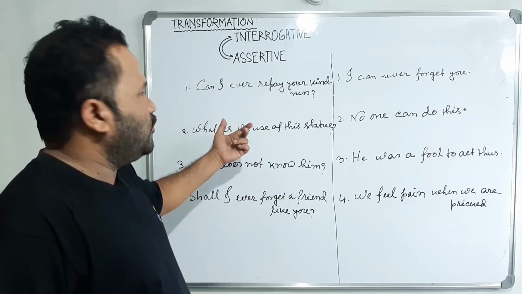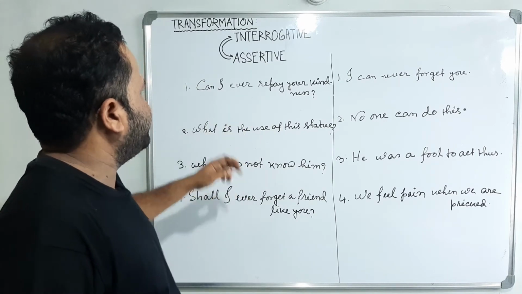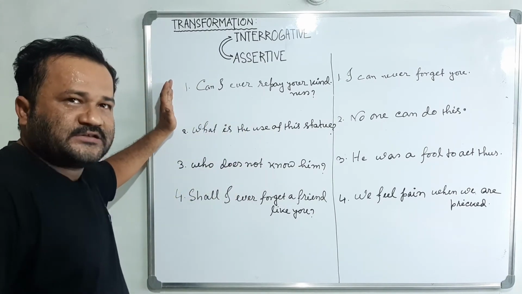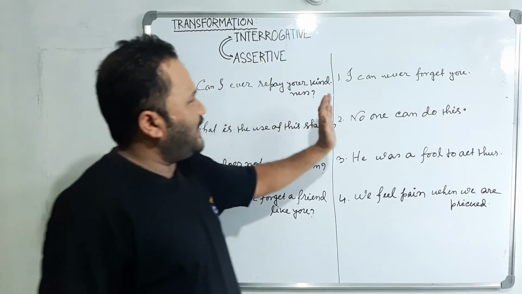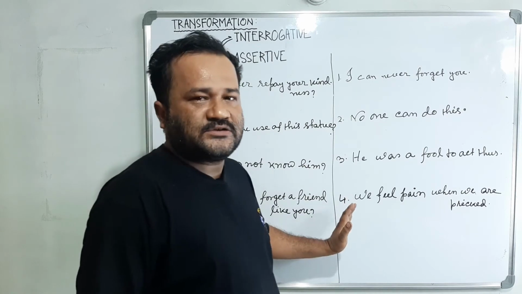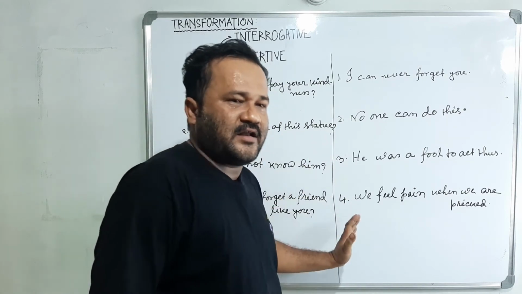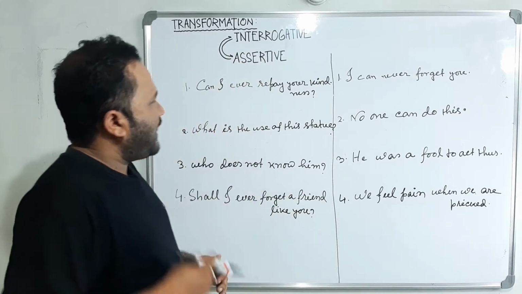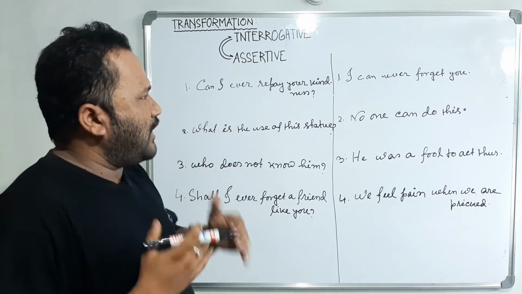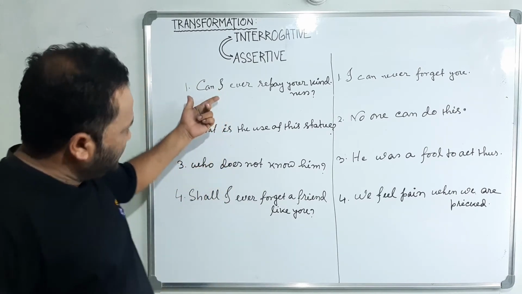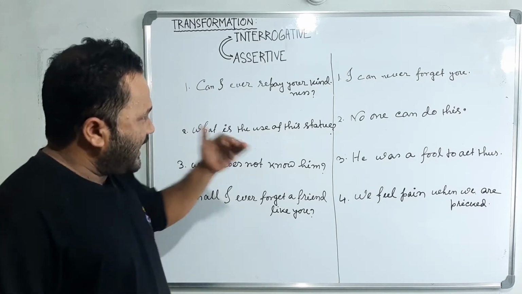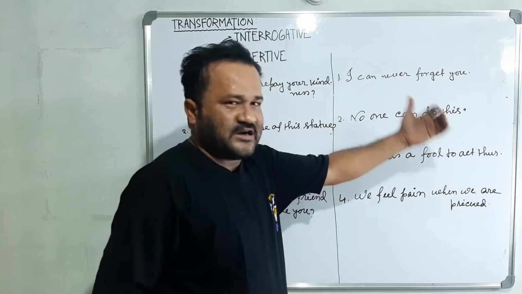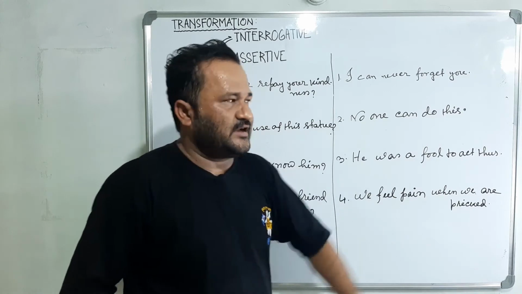Now look at these sentences. Here I have given 4 examples of interrogative sentences, and here I have given 4 examples of assertive sentences. Now I am going to show you how to transform these interrogative sentences into assertive sentences, and these assertive sentences into interrogative sentences.